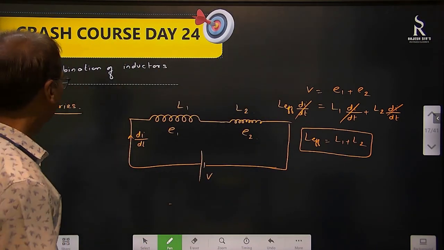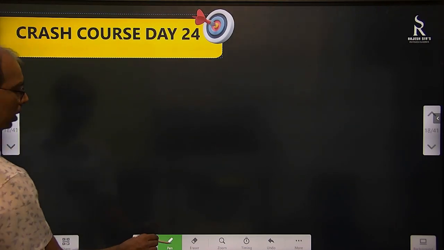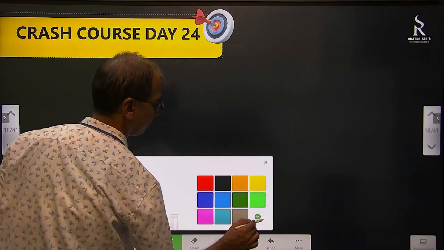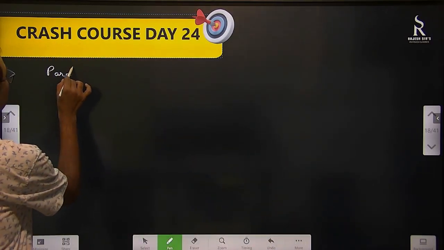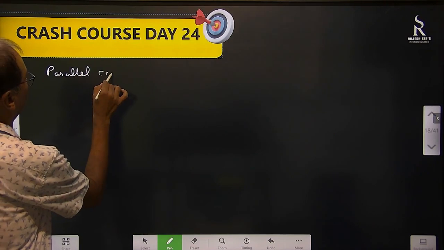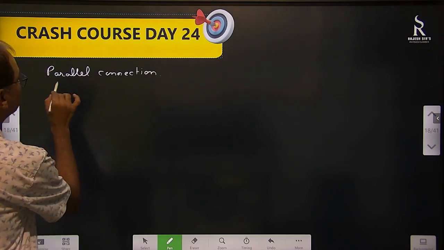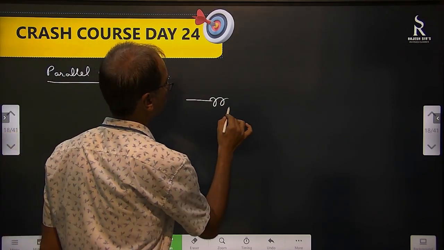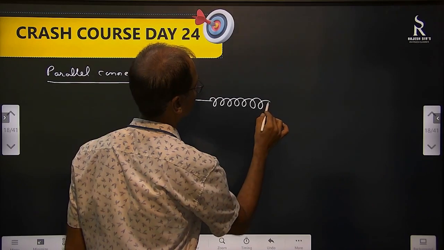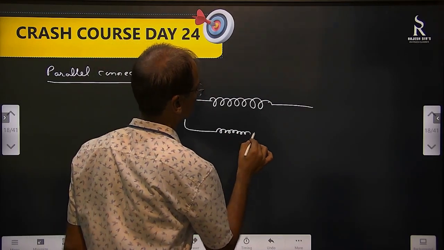Then parallel connection. In parallel connection, what happens? Potential difference remains same, right? So in this one also two inductors we'll take. This is one, this is another one.